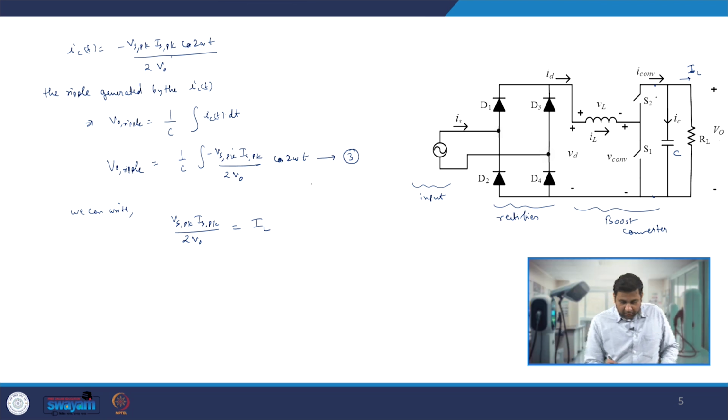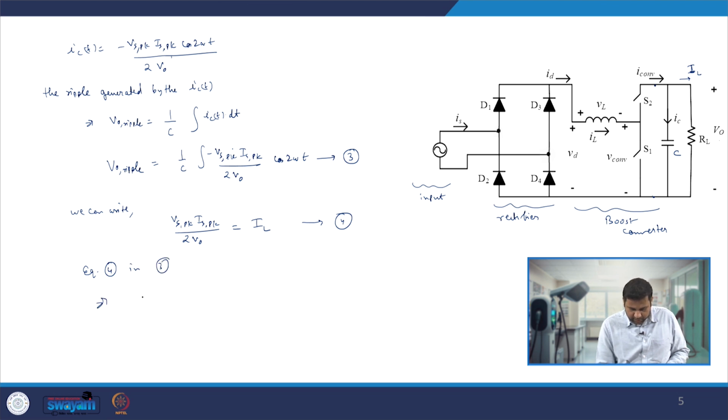Now if we substitute this equation number 4, that will give you V naught ripple is nothing but minus IL by C cos 2 omega t. Obviously here I missed dt.